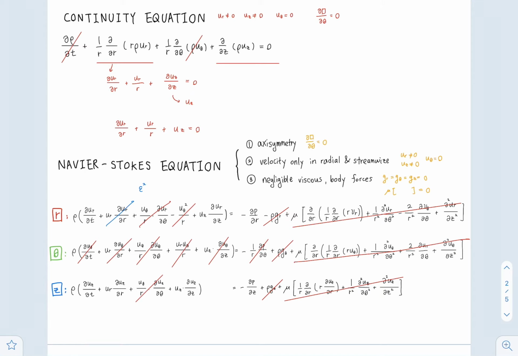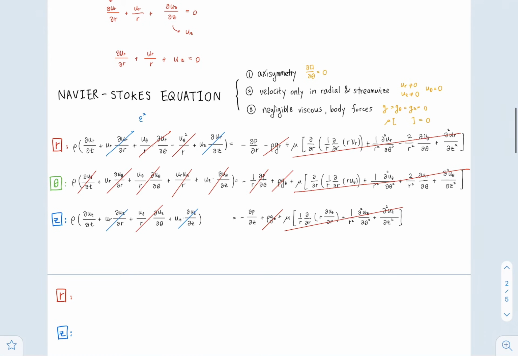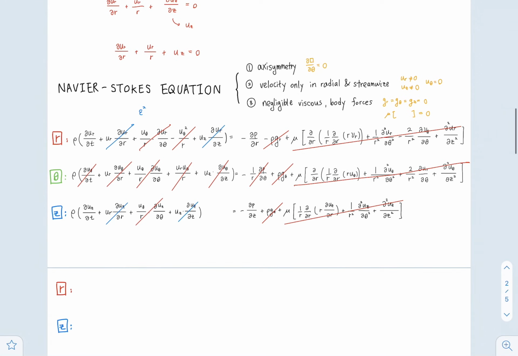So it's going to be very small, so we are going to consider that this term goes to 0. And similarly, these terms are all going to go to 0. Therefore, we have a very simple equation at the end of our analysis, only related to ∂/∂t and pressure terms. We do not really have to write down the theta term because all the terms in the theta equation go to 0.